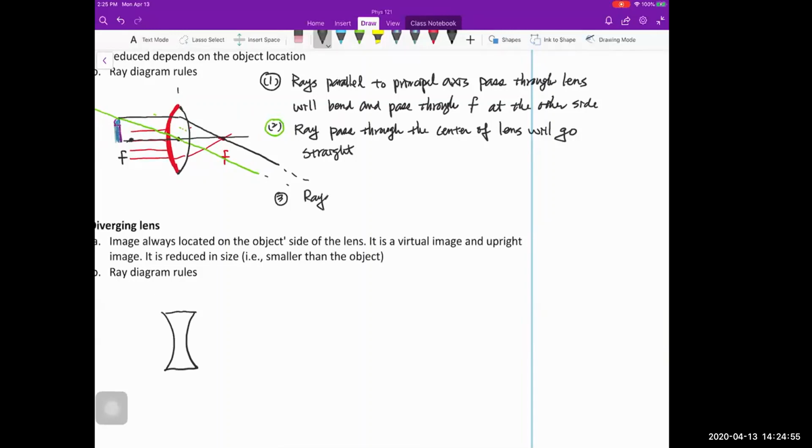If you have the rays that pass through the focal point on the object side, and when it goes through the lens, it will parallel the optical axis, which is actually the principal axis, but let me just write the principal axis.